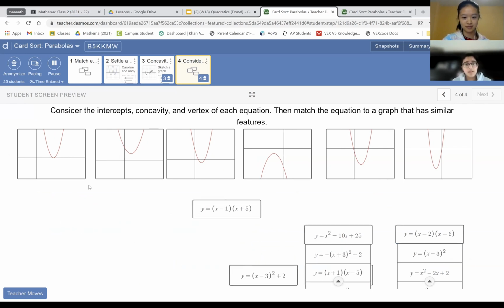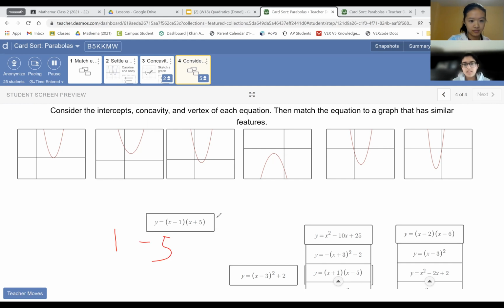So for this one, y is equal to x minus 1 multiplied by x plus 5. Because this is factored, we can tell that the x-intercepts are going to be x is equal to 1 and x is equal to negative 5. We also know that the a value is going to be positive because 1 times 1 is 1, and 1 is positive.